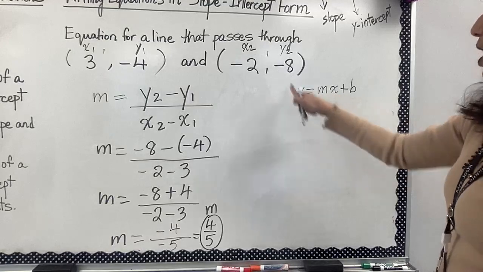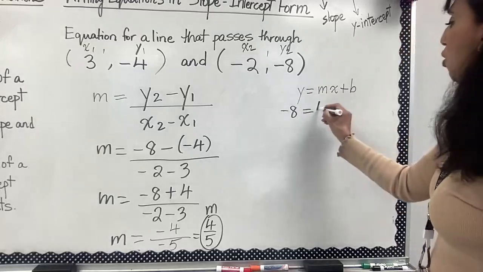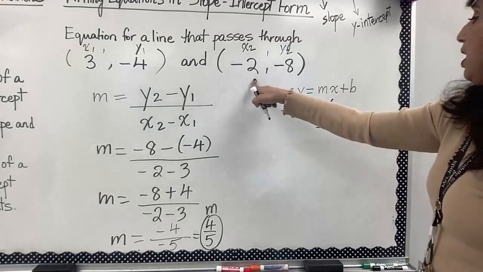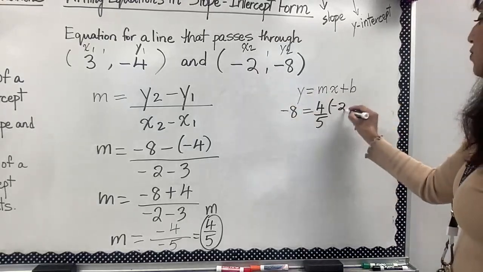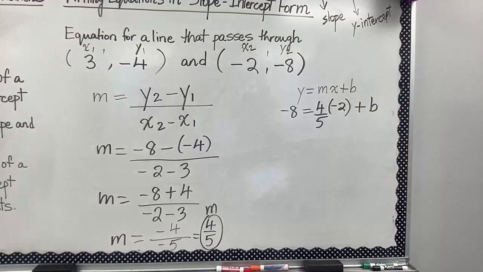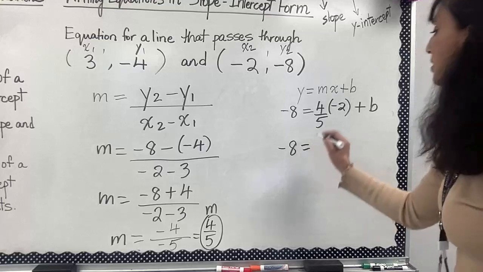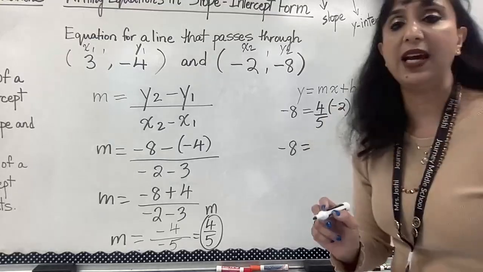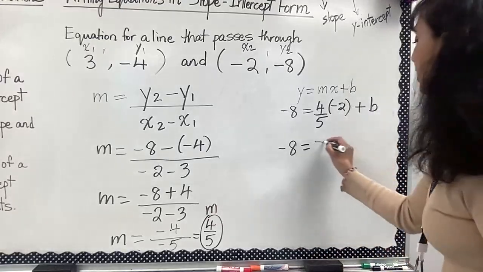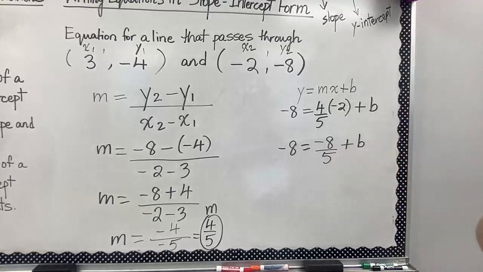And we are saying y, which is what? -8 is equal to my slope 4/5 times what is x over here, -2, plus b. Right? So when I do this, I have -8 is equal to 4 times -2. Positive times negative is going to give me negative. So this gives me -8/5 plus b.